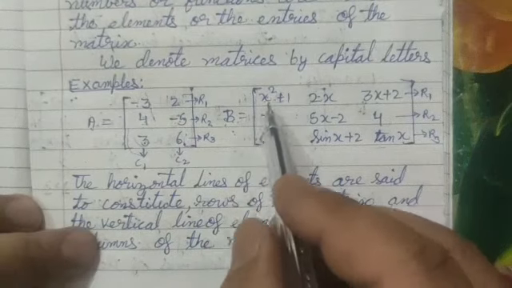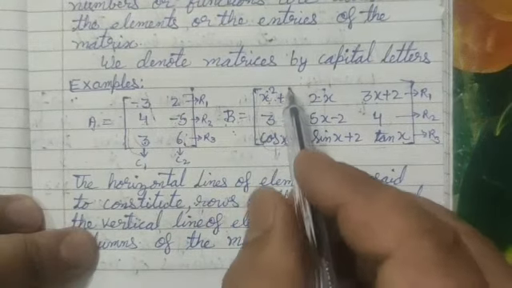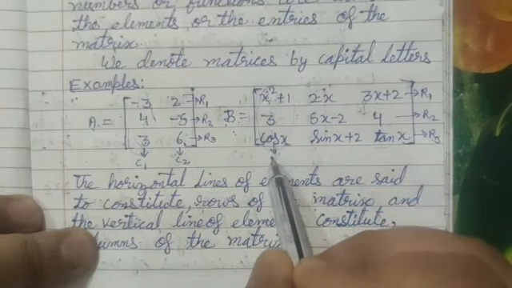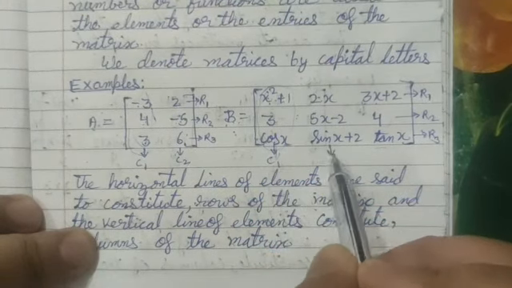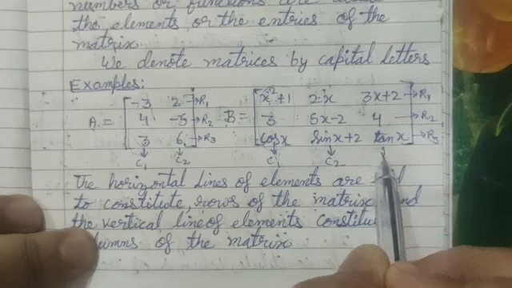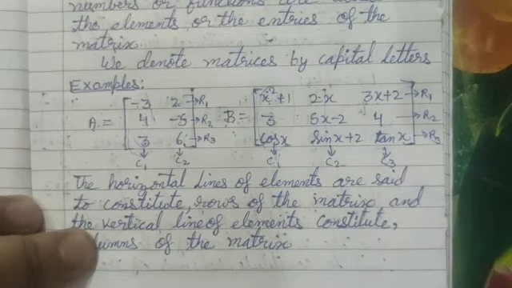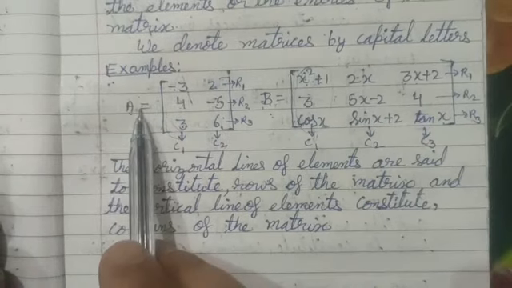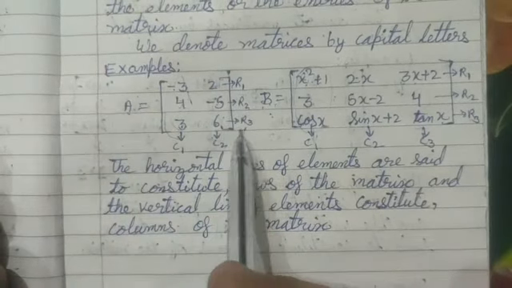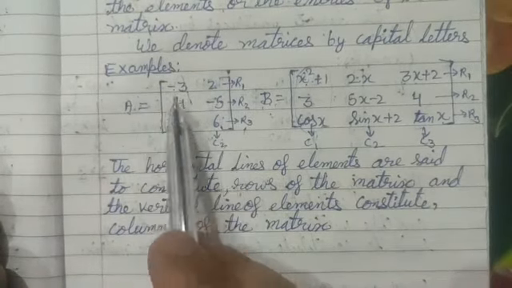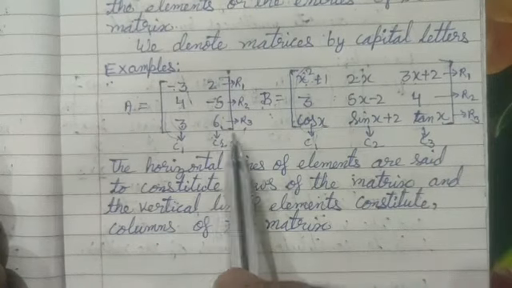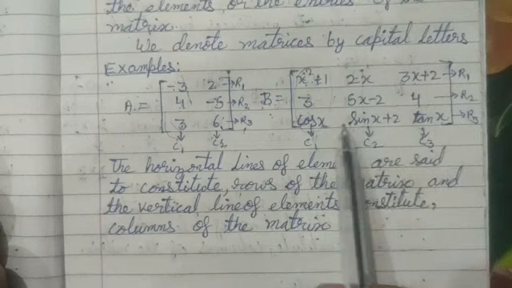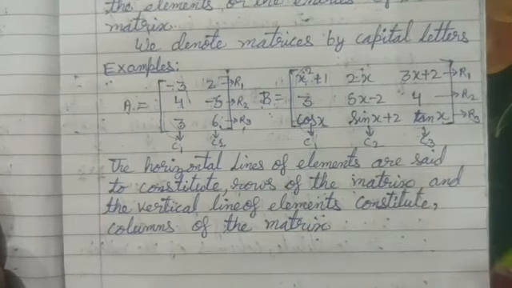Similarly in matrix B, this is the first vertical line of elements and it will make column 1. This is column 2 and this one is column 3. Thus we can say that matrix A has 3 rows and 2 columns and matrix B has 3 rows and 3 columns.